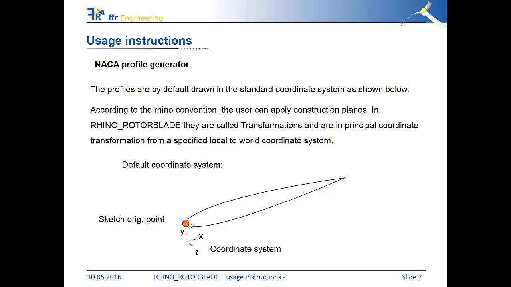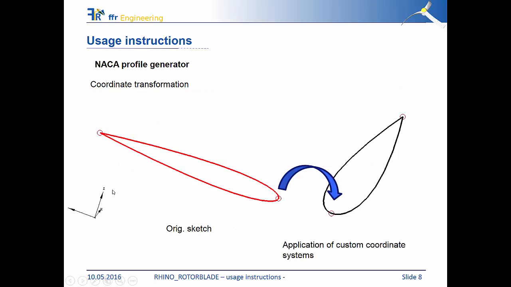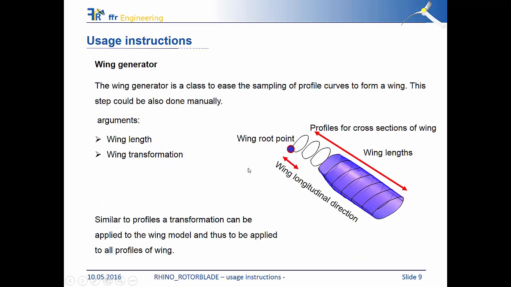Here you see a picture, and you can also see it in example one, which we will have a look at, that you can apply those transformations to transform such an airfoil into a different construction plane. So mathematically speaking, in a different local coordinate system. Here we provide some utilities to make that more or less smooth for you, and you will see that in the code itself.